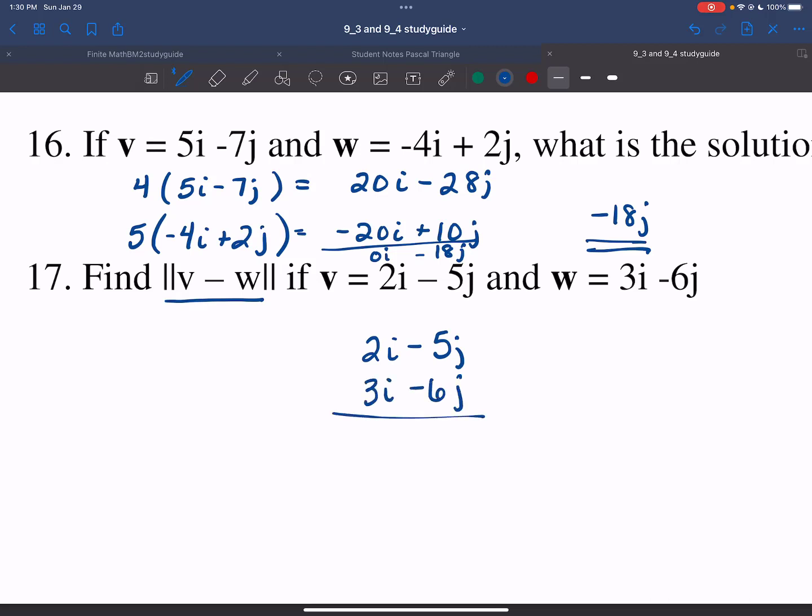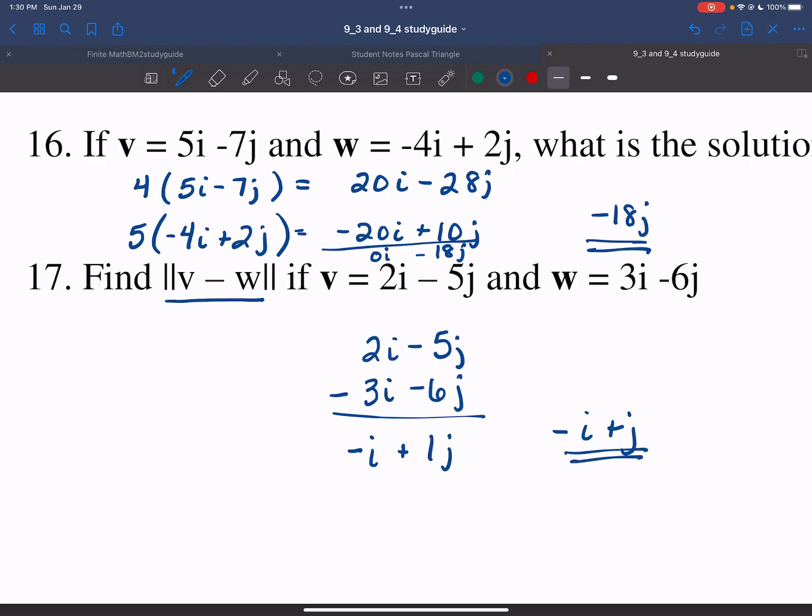So we're going to subtract these. 2 minus 3 gives me negative i. And then negative 5 minus a negative 6 is going to be positive 1j. So this will be negative i plus j.